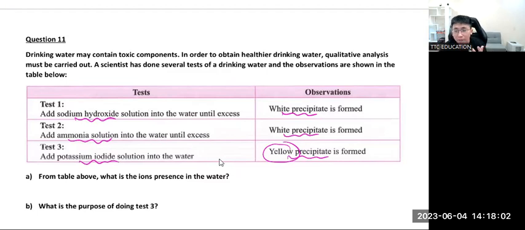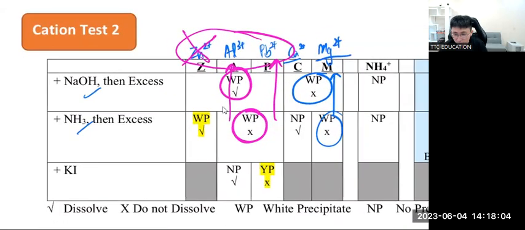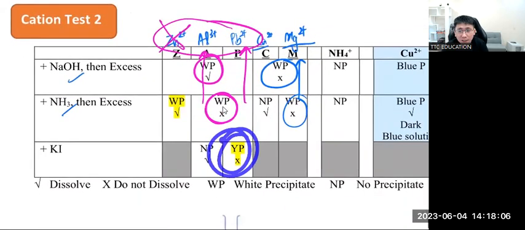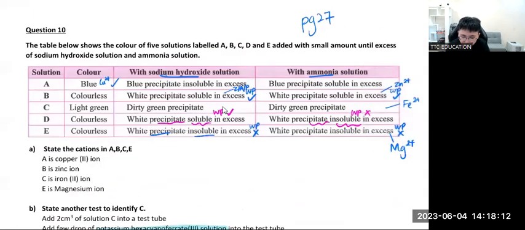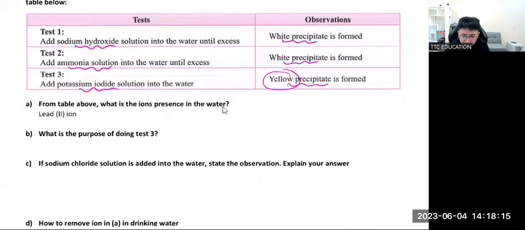Or you think about this one. Do you see here also got yellow precipitate, which is actually Pb2+. So from here, I already know it's actually lead(II) ion. I straight away skip test 1 and test 2. I see yellow, I know who it is already.